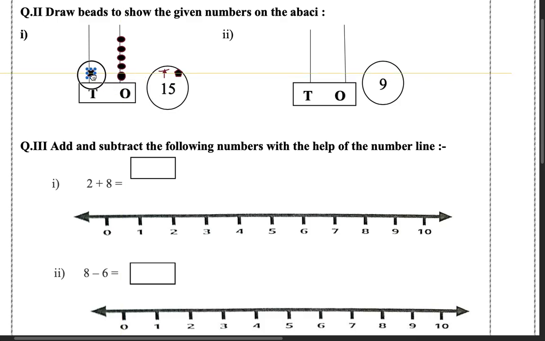So we will draw only 1 bead here, and in this it is only ones, 9 beads.